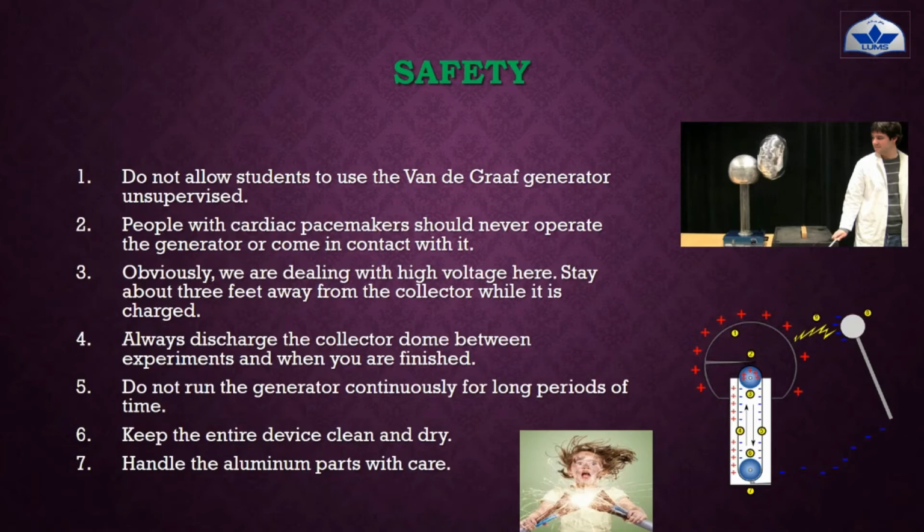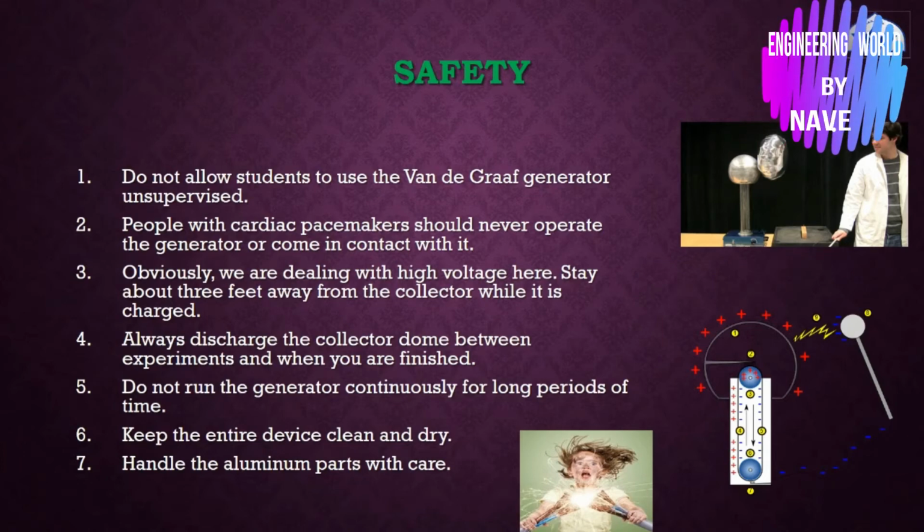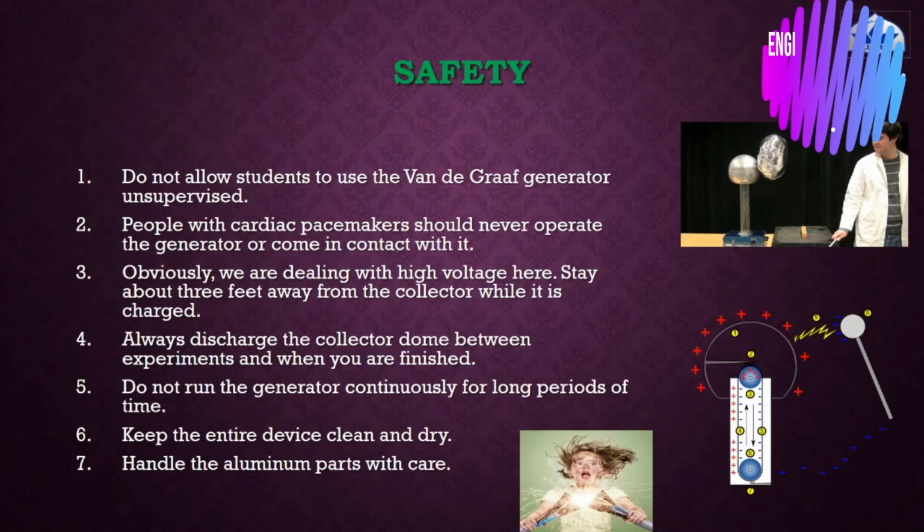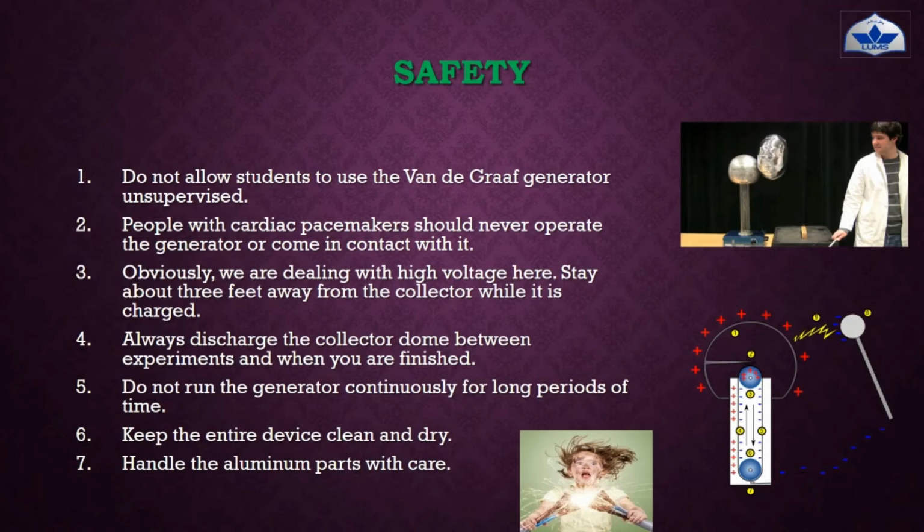The second safety factor is that people with cardiac pacemakers should never operate the Van de Graaff generator or come in contact with it. The third safety factor is that obviously we are dealing with high voltage here, so stay about 3 feet away from the collector while it is charged. You must take care whenever you are performing any type of experiment on the Van de Graaff generator.